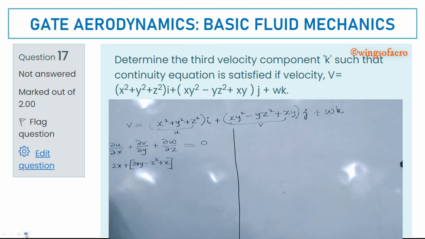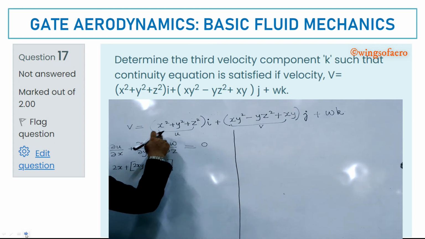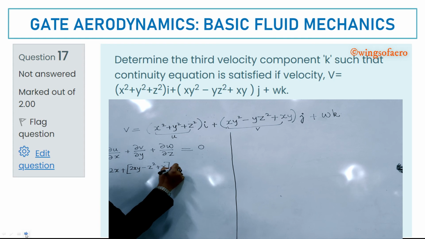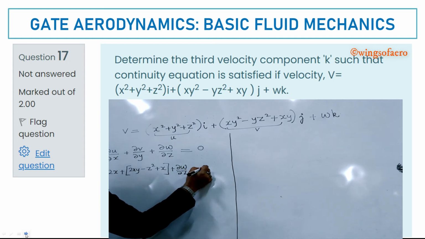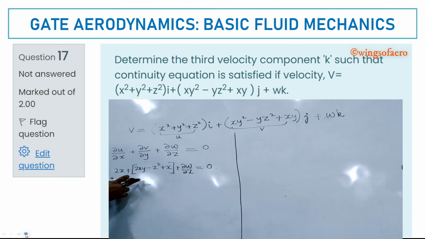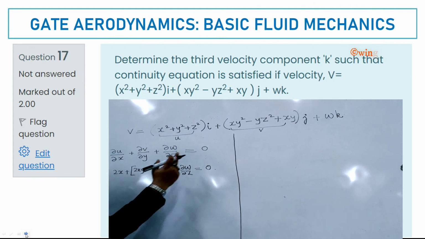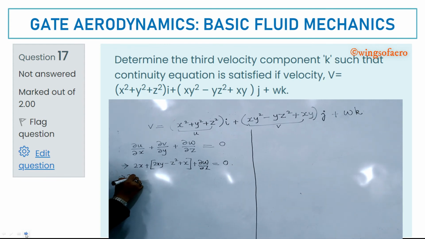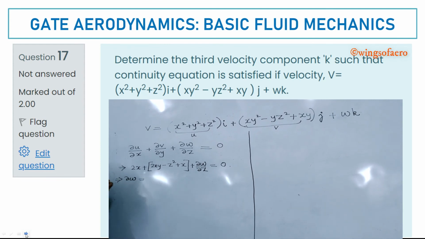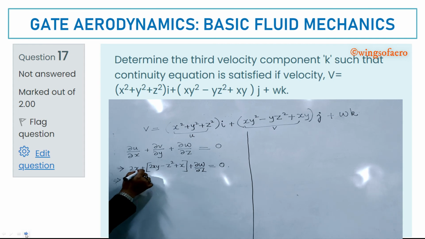We don't have the w component, which is what we need to find, and the sum equals 0. So I will keep these terms on the other side and write the equation directly.